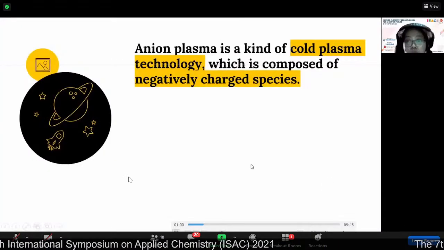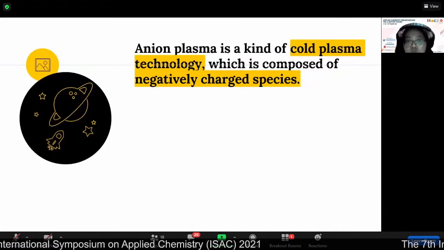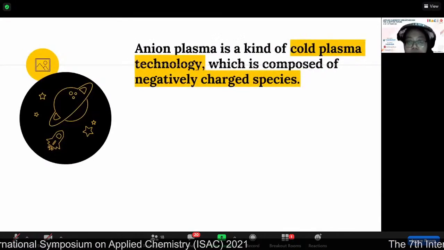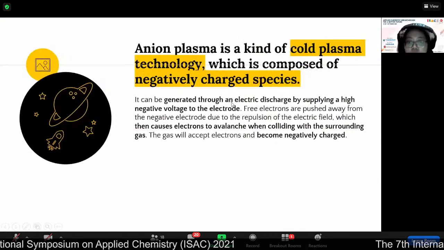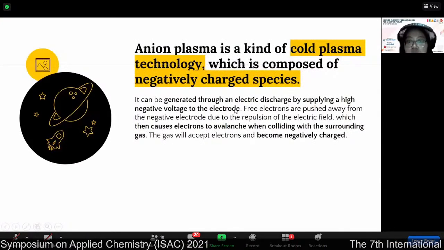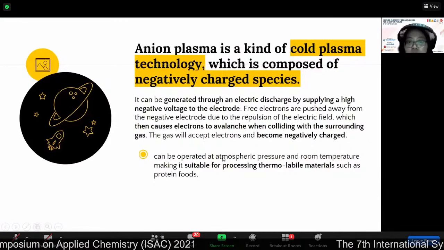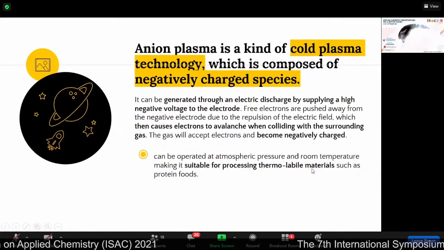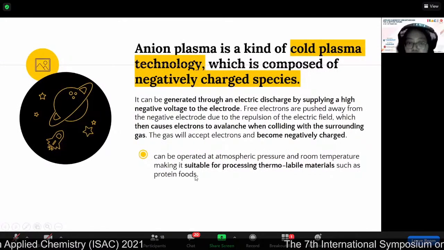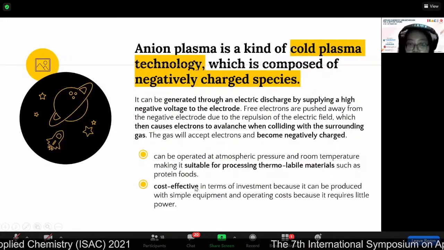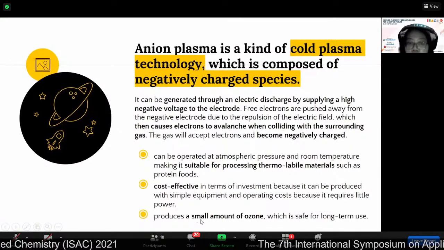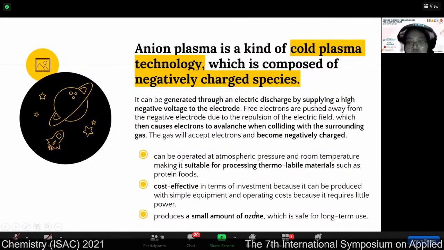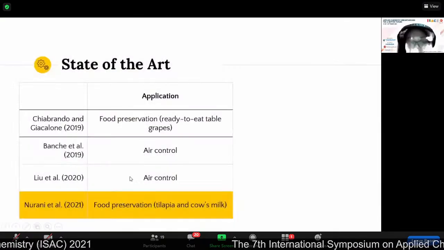Anion plasma is a kind of cold plasma technology which is composed of negatively charged species. It can be generated through an electric discharge by supplying a high negative voltage to the electrode. Moreover, it can be operated at atmospheric pressure and room temperature, making it suitable for processing thermolabile material, such as protein food, and cost-effective, and it also produces a small amount of ozone, which is safe for long-term use.